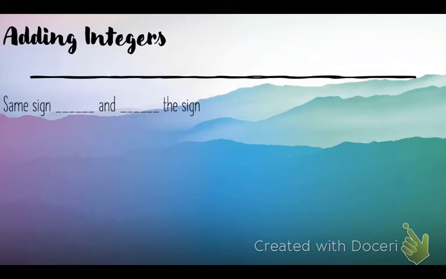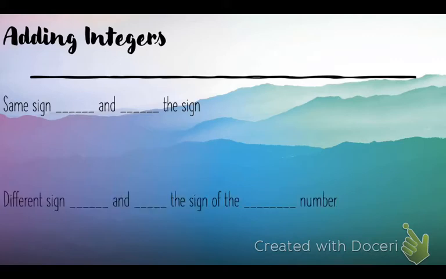And at any point, if I'm moving too quickly, you pause it and you write down what you need to write down. Okay, different sign, we subtract and keep the sign of the larger number.